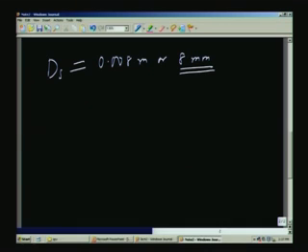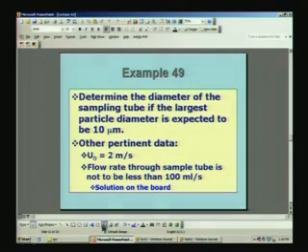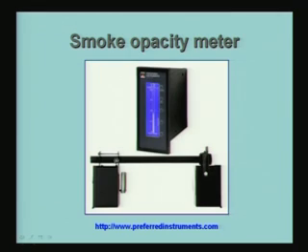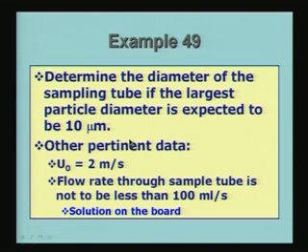So, we have some idea now about isokinetic sampling, and let us look at what we can do with the sampled gas.